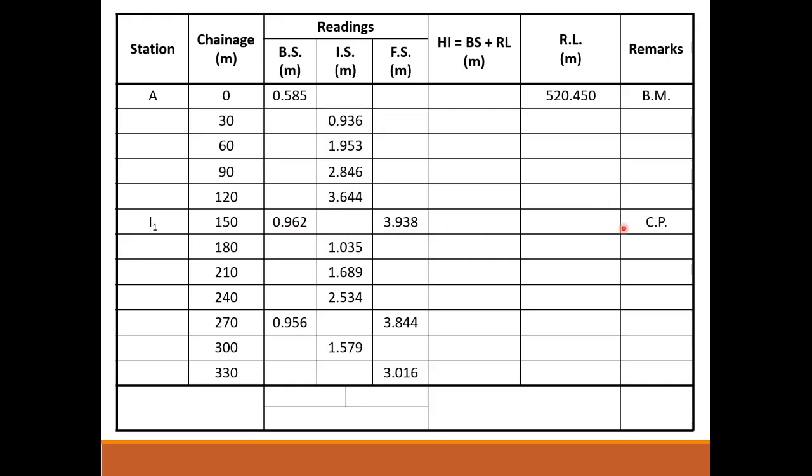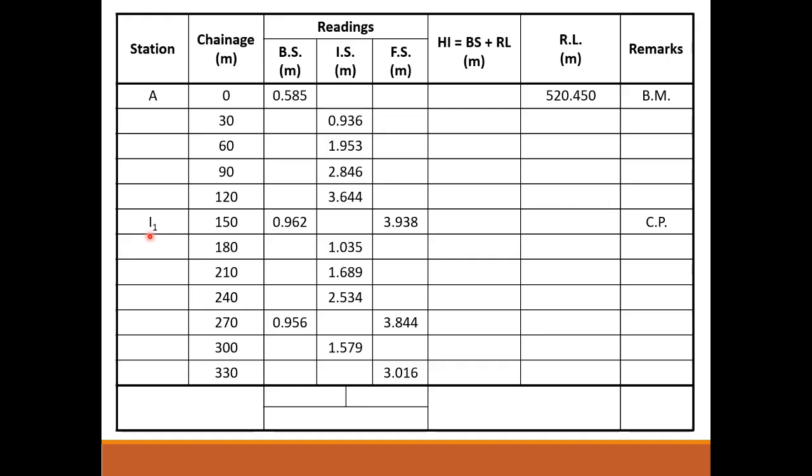Now this is the point of importance. We call it as change point, where after taking the foresight reading without disturbing or changing the position of the leveling staff, we just change the position of leveling instrument. Okay, so whenever foresight and backsight are written opposite to each other in the field book or in any entry book, it represents the change point and changing of the position of our instrument station.